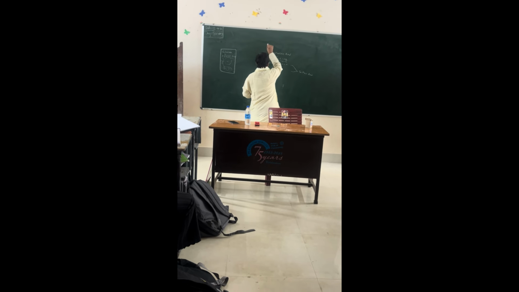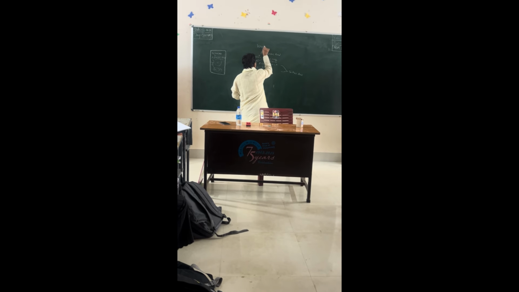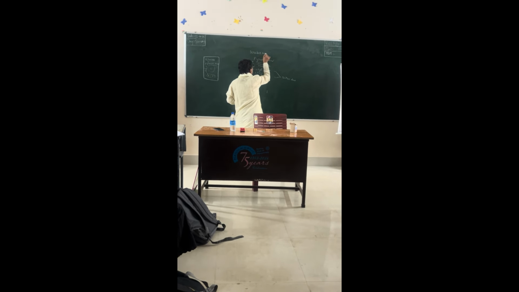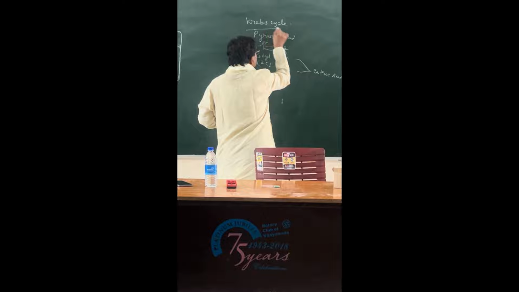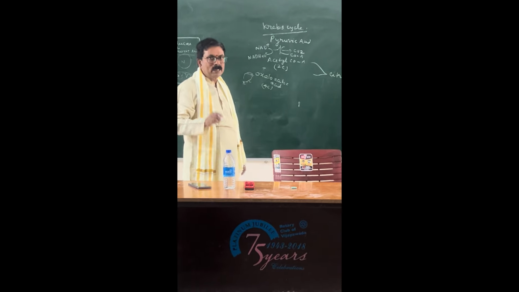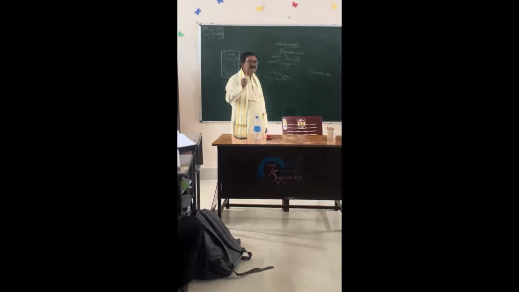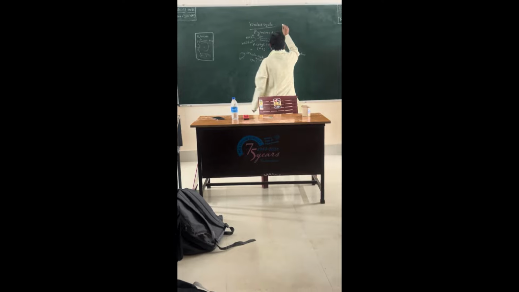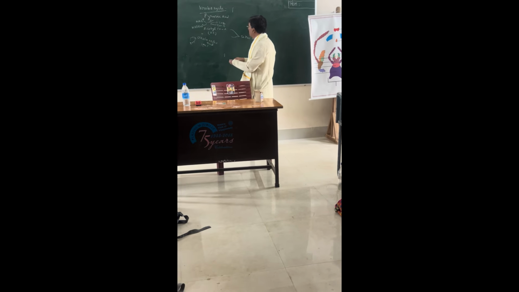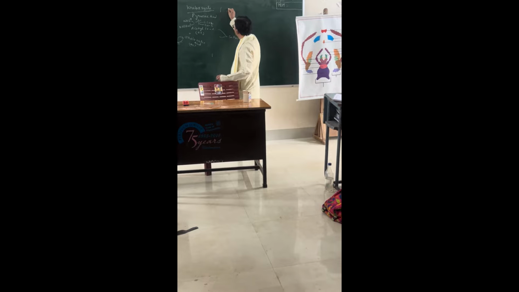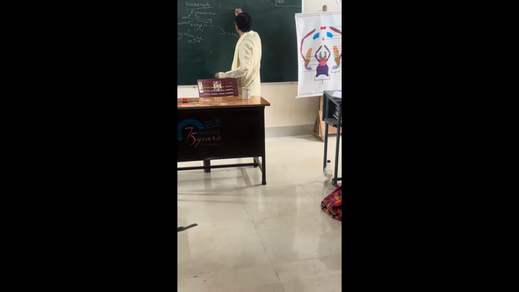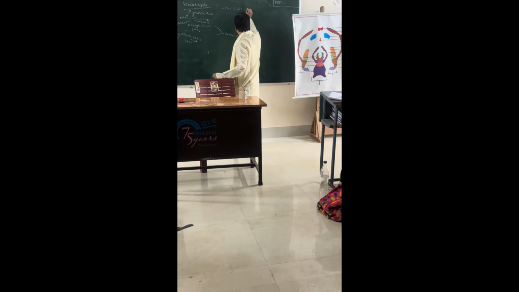Now, what is the first acid formed in the Krebs cycle? Citric acid. Hence, the Krebs cycle is also known as the citric acid cycle.